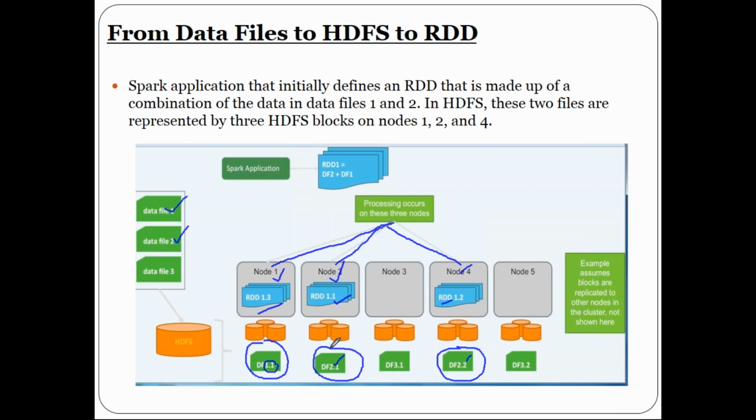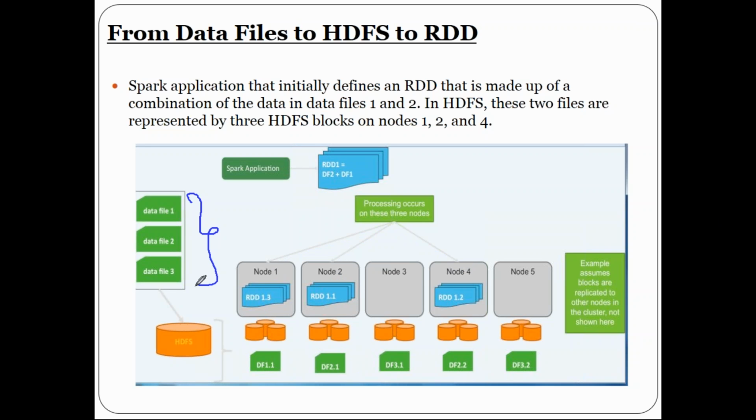Means data file 2.1 and data file 2.2 are on node 2 and node 4. These three are now taken as one RDD for the Spark application. I'll clean this off. I'll explain that once again. These three are on HDFS, but you're submitting this one and this one to your Hadoop cluster.